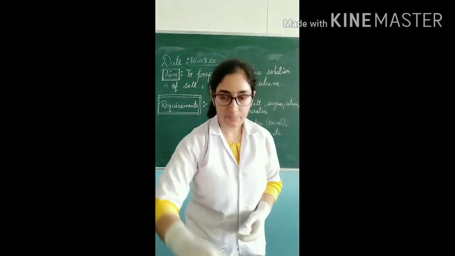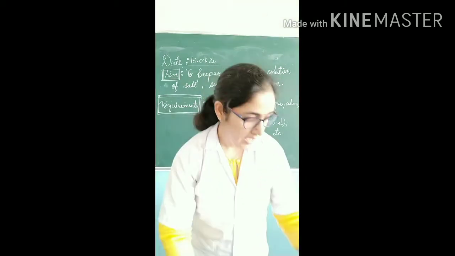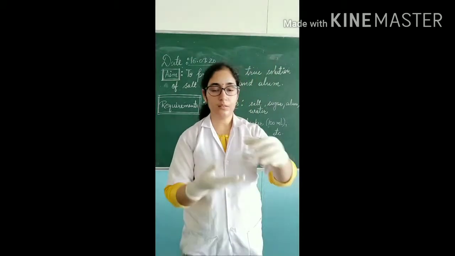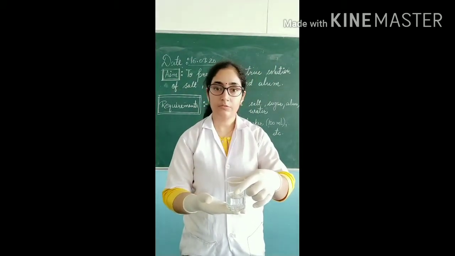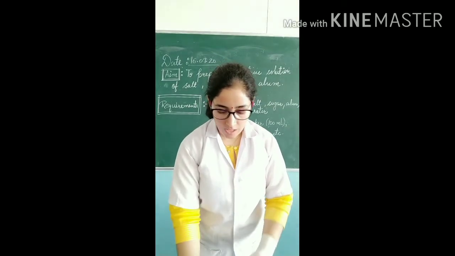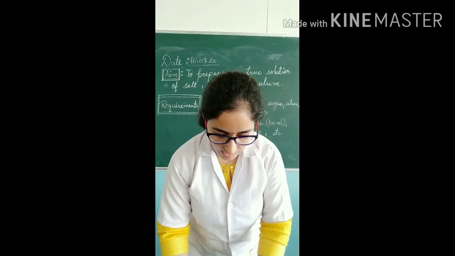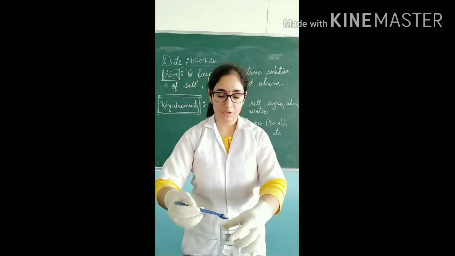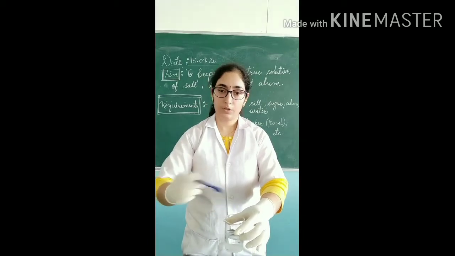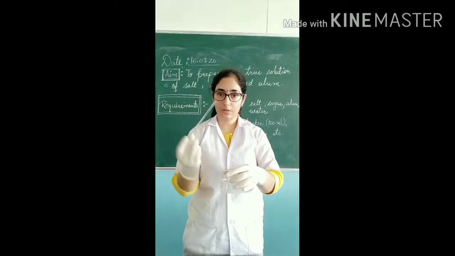First one is salt. We have taken salt in here and we have taken a beaker. In this beaker I have taken around 50 ml of water. I am going to take a spatula and add around half a spatula full into it, and then I am going to stir it with the stirrer.